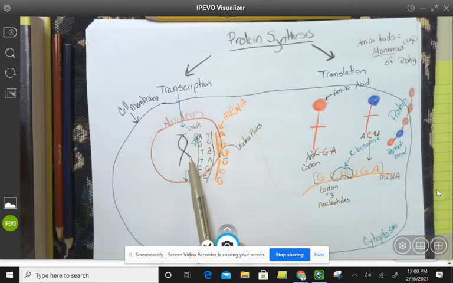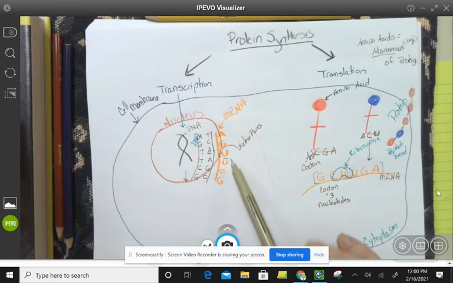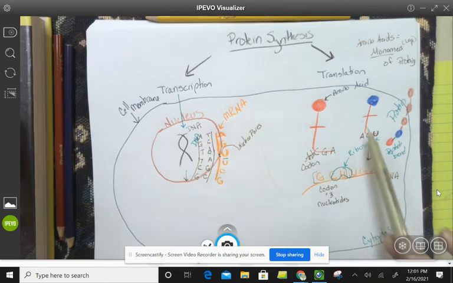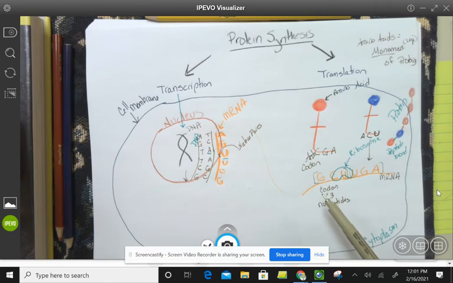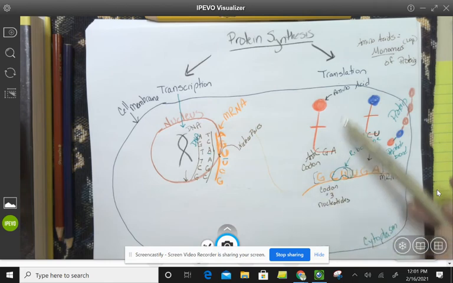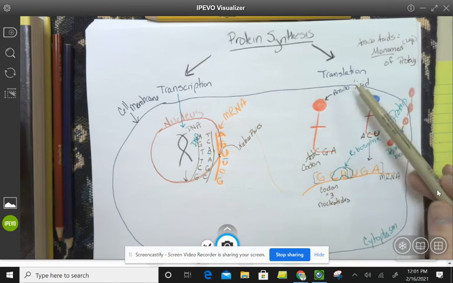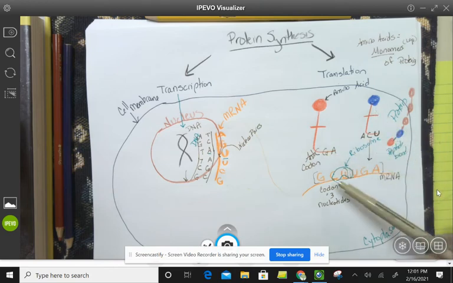Transcription occurs in the nucleus when the message that's carried by the DNA copies itself onto the messenger RNA. Once the messenger RNA leaves the nucleus, it comes out into the cytoplasm. And when it's here in the cytoplasm, it's going to be translated by the transfer RNA. Codon pairs with anticodon.